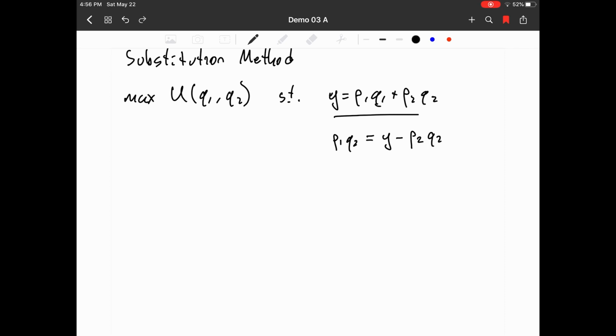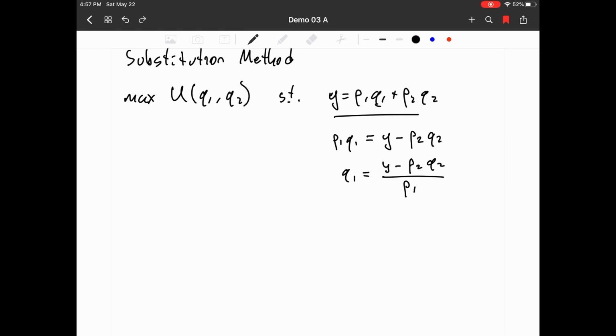And then we'll divide both sides by p1. So this gives us q1 is equal to y minus p2 q2 over p1.